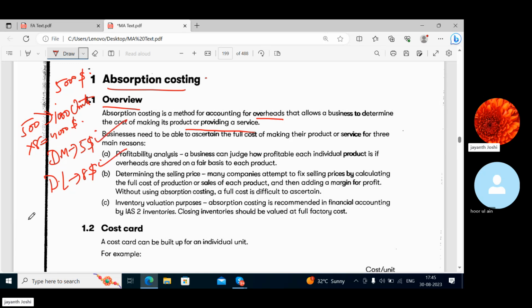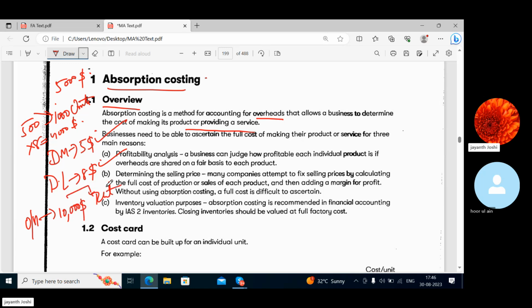But what happens about the overheads? Overheads or indirect cost are, let's say, in total a total cost. Let's say $10,000 I'm paying for the rent of the premises.